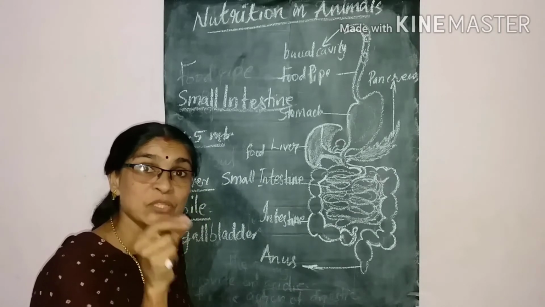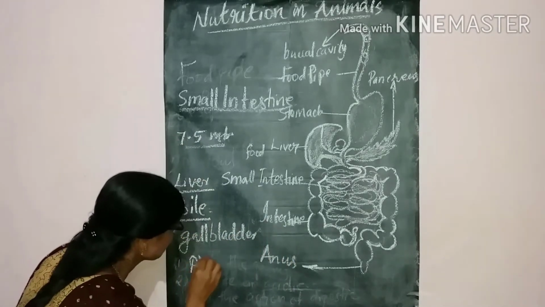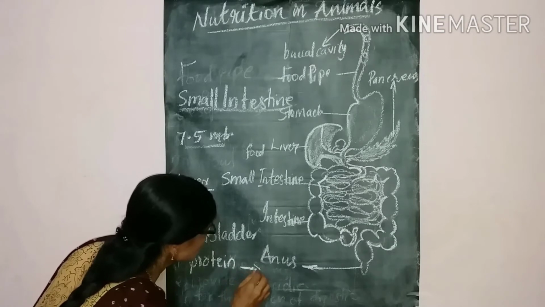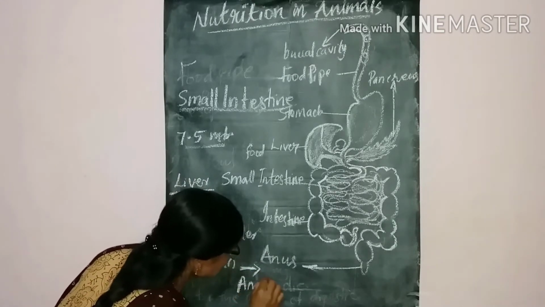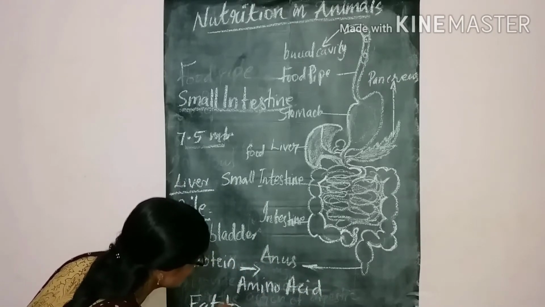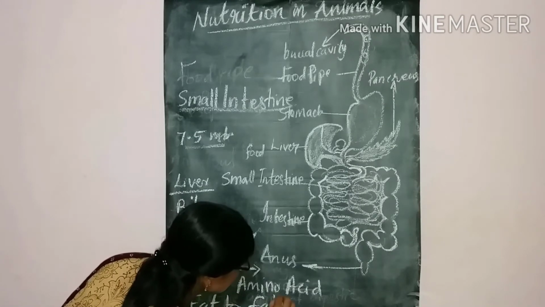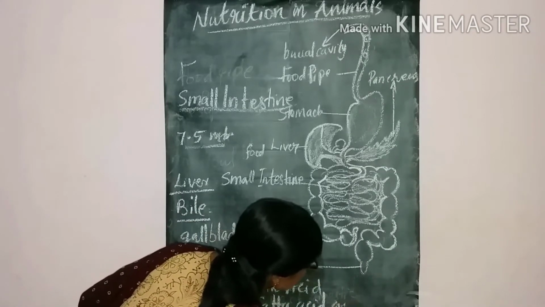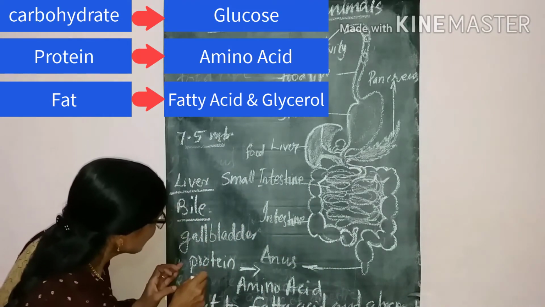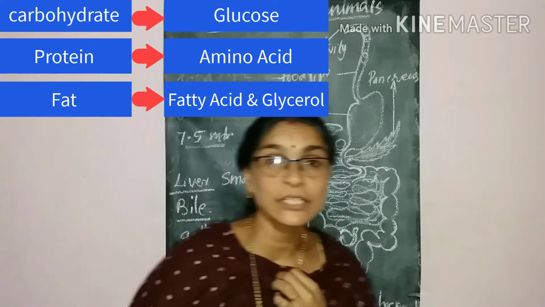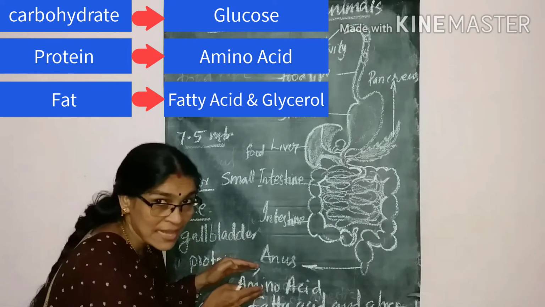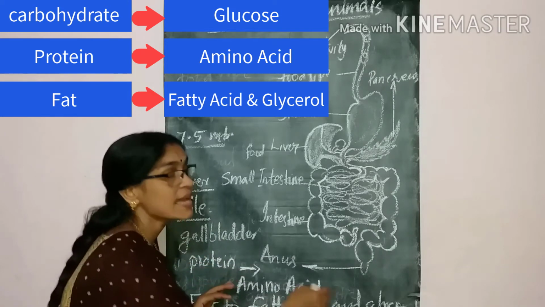That secretion helps to convert protein to a simpler molecule, that is, amino acid, fat to fatty acid and glycerol, and carbohydrate into glucose. Protein to amino acid, and fat to fatty acid and glycerol.